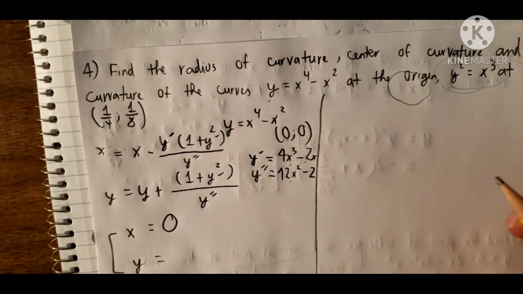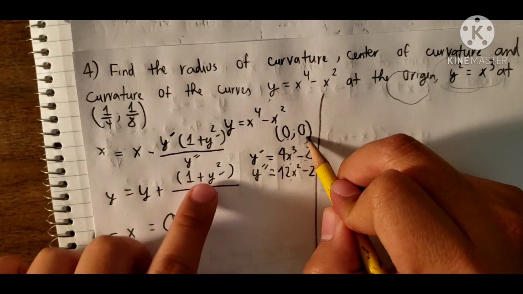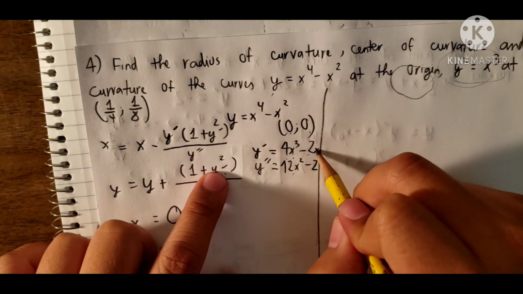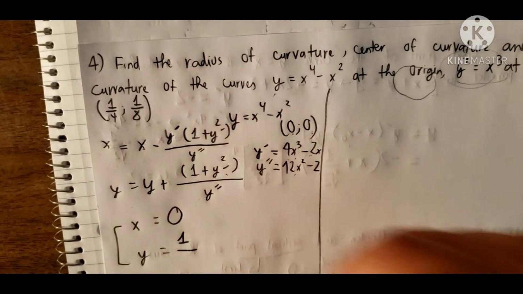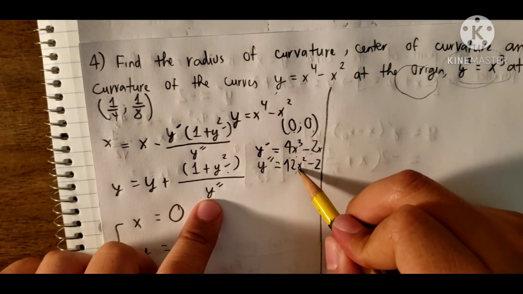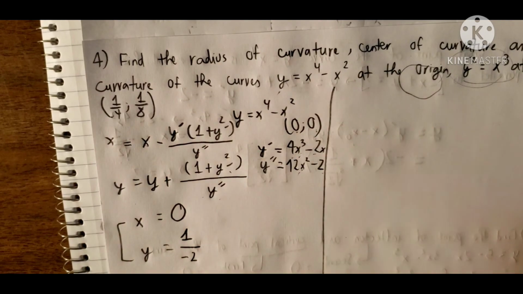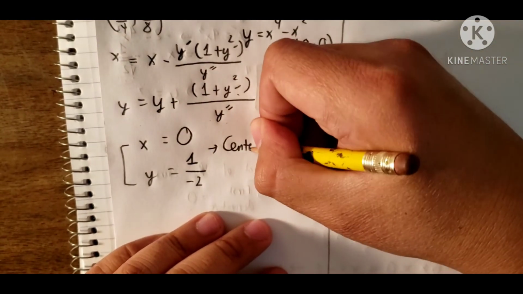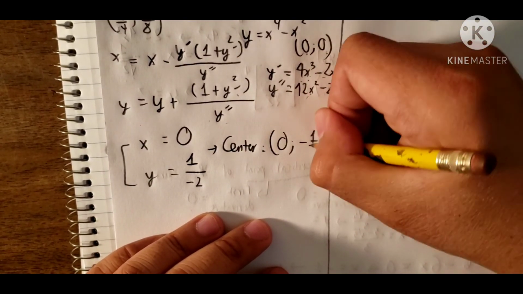That's why it becomes 0. Y becomes 0 in here. The first derivative of y becomes 0, so we have only number 1 in here. On the second derivative we have 0 in here, so you get minus 2 in here. So the center of the first question is 0 and minus 1 over 2.